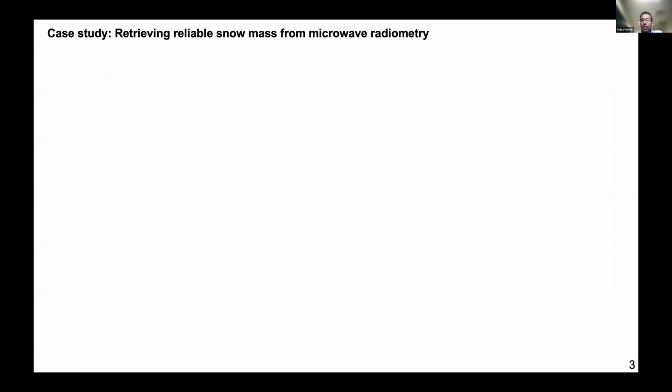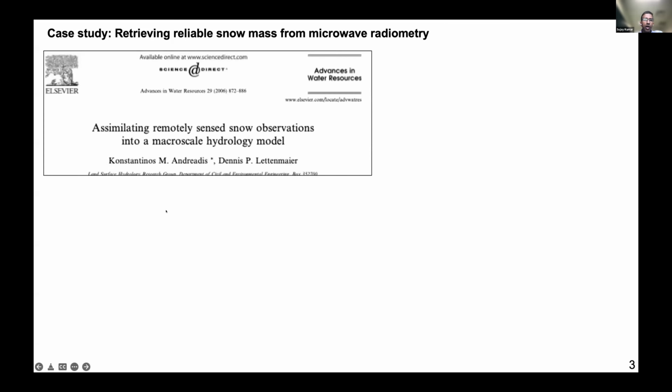I'll first focus on the observation side of things, using snow as an example. As we know, we've had close to three decades of remote sensing measurements from microwave sensors, but we haven't been able to show data assimilation studies, or any other studies, that show significant utility for these measurements.